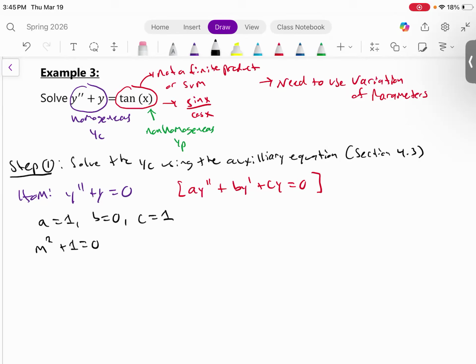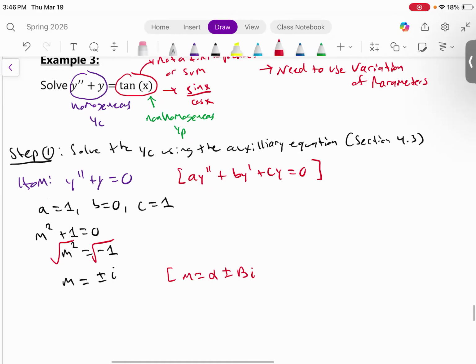So we go ahead and try to solve for the roots for m. It'll be m squared equals -1. We would square root both sides. And so we can see we're going to get an imaginary number. So this would be plus or minus i. Remember the form for complex roots, m equals alpha plus or minus beta i.